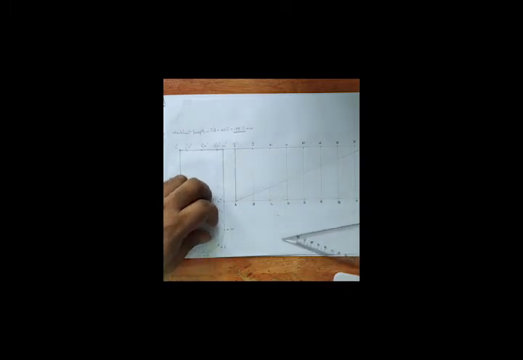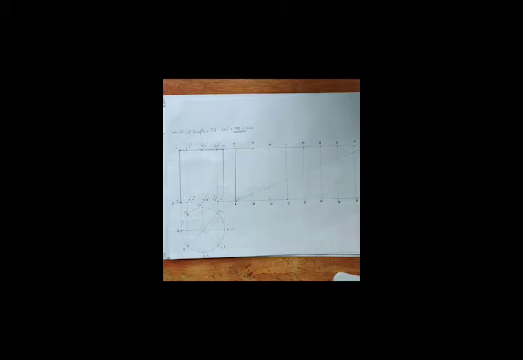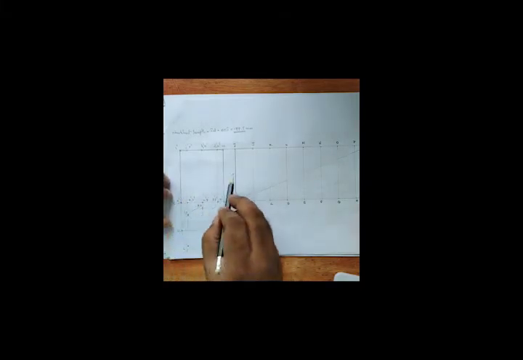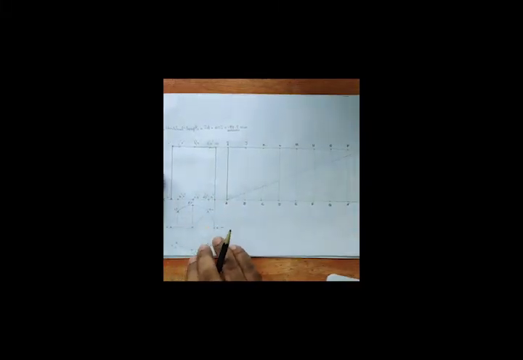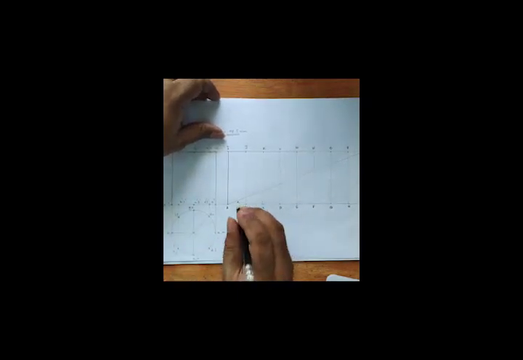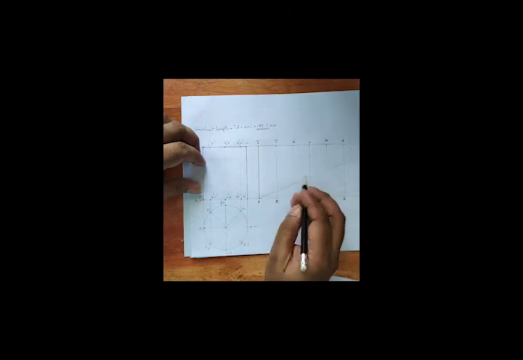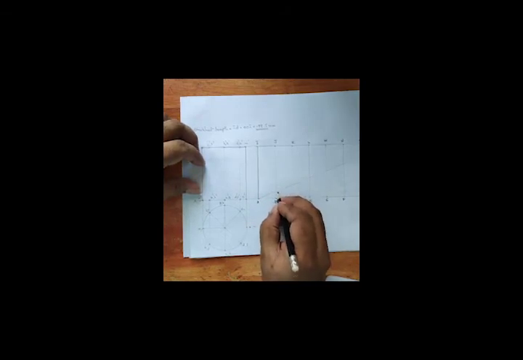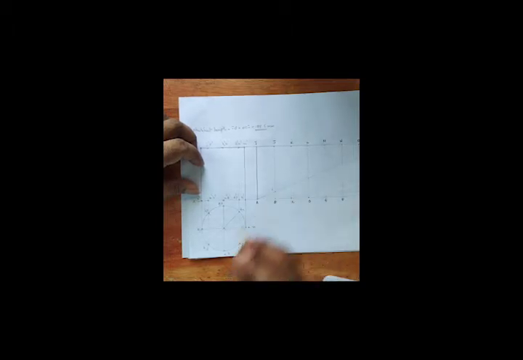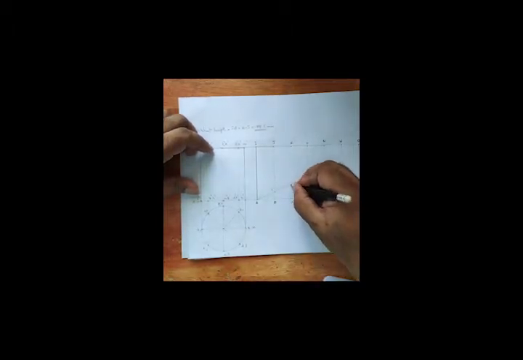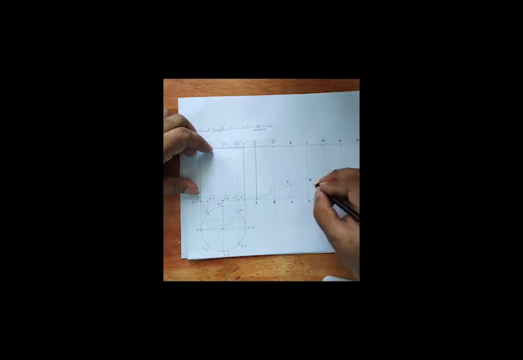After drawing the thread, you have to show the corresponding positions in the elevation. For that, you are marking the intersecting points. This thread is intersecting generator BJ at this point, that is point 1. It is intersecting CK here, that is point 2.